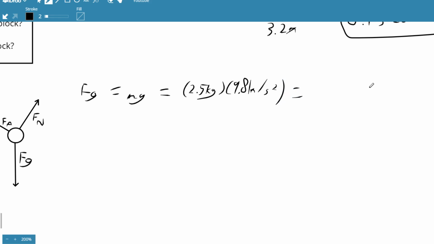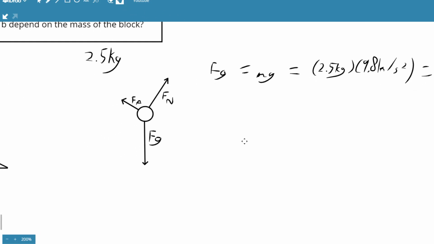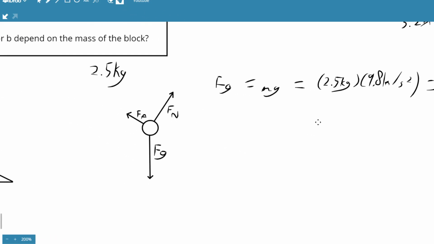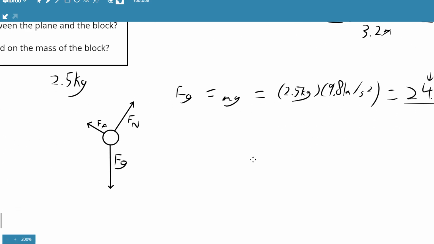Put that in your calculator. 2.5 times 9.81, 24.525. And that is newtons, because it's weight. So yeah, we don't need that right now.